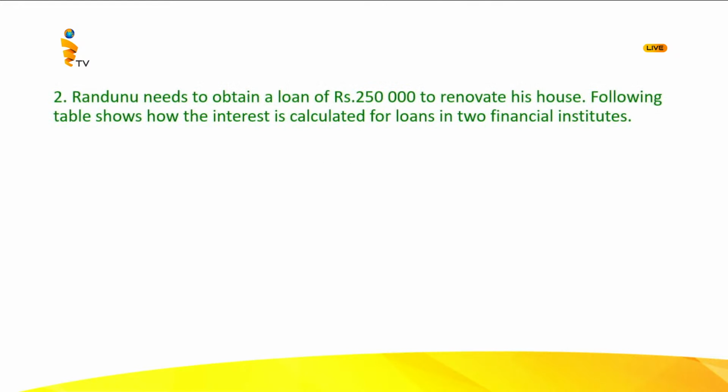So, this is the question which appears in the 2019 paper. Randunu needs to obtain a loan of 250,000 rupees to renovate his house. The following table shows how the interest is calculated for loans in 2 financial institutes.